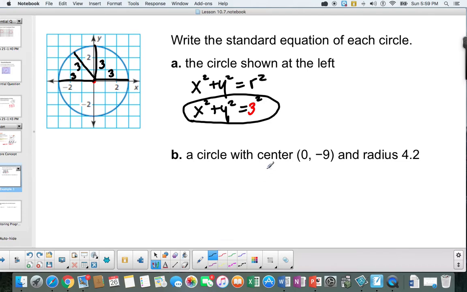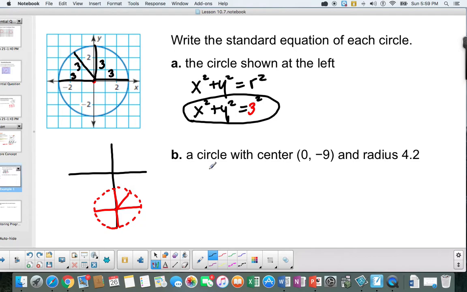Now let's do a circle with center (0, negative 9). So (0, negative 9) is right about here. And we want a radius of 4.2. So our radius is going to be 4.2 this way, 4.2 this way, anyway 4.2, and we're going to have a circle. We'd like to find the equation of that circle.